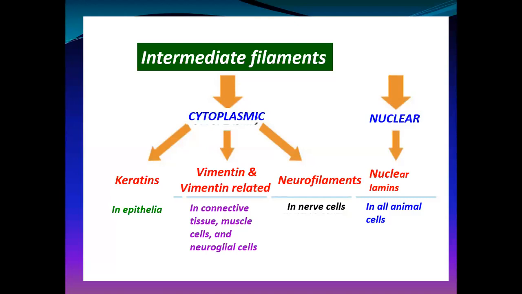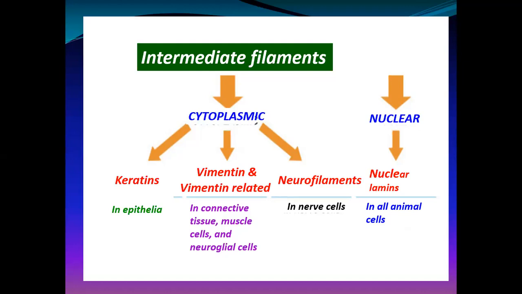Cytoplasmic intermediate filaments are made of several types of proteins. The monomeric unit is keratin in the epithelial surface. And there is another type of protein called vimentin. Usually you find it in connective tissue, muscle cells and neurological cells.